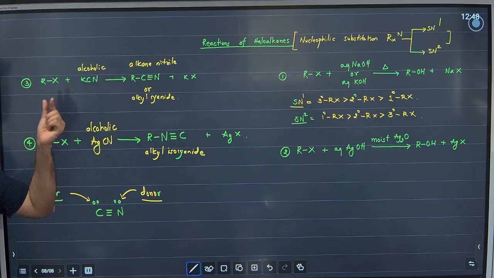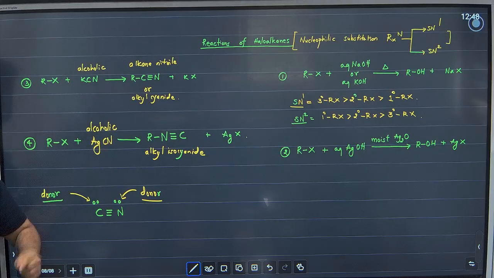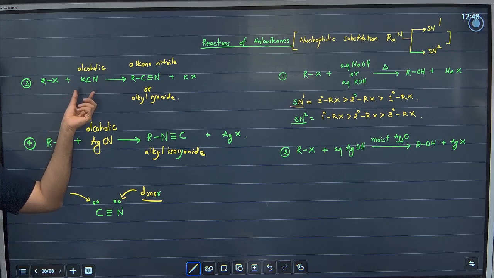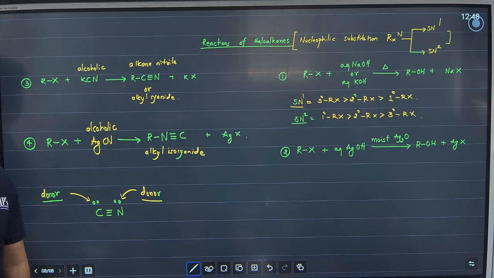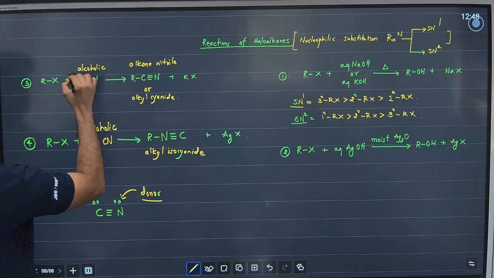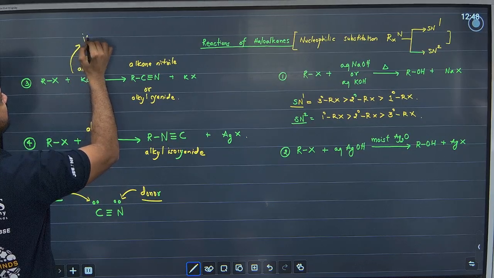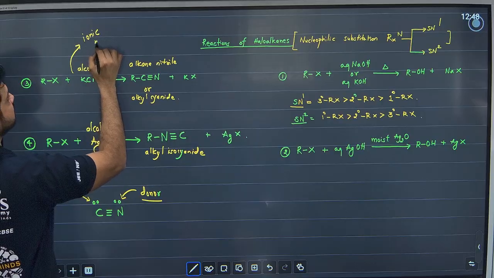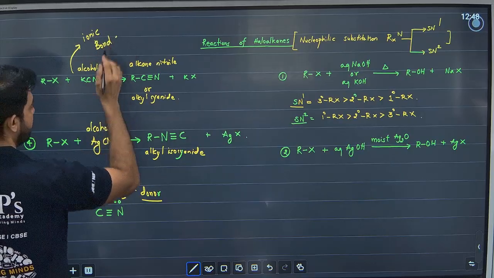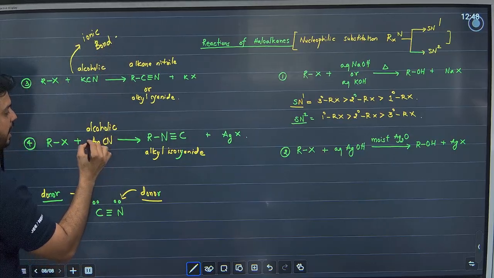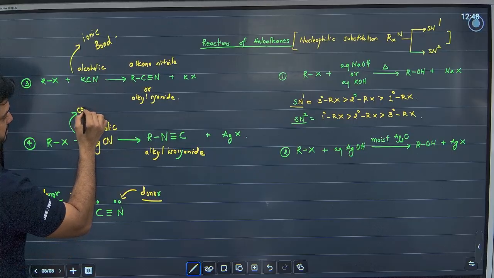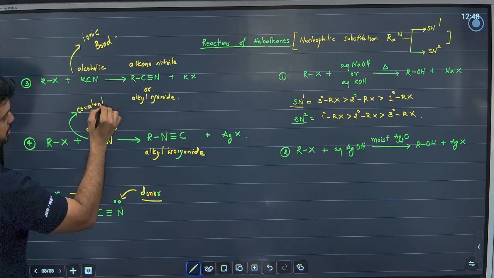Then why is carbon donating here and why is nitrogen donating over here? In KCN, what's the nature of the bond between K and CN? It's an ionic bond. Do you remember, people? But what about in AgCN? Covalent bond. Yes, the nature is covalent.